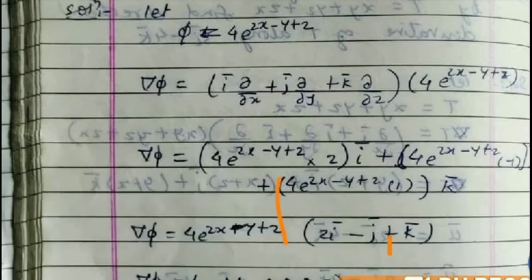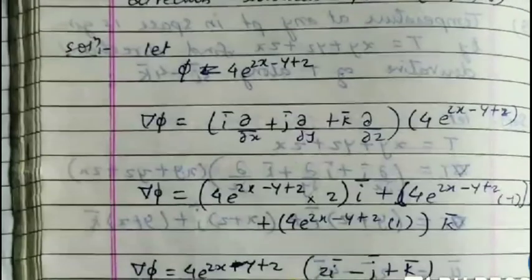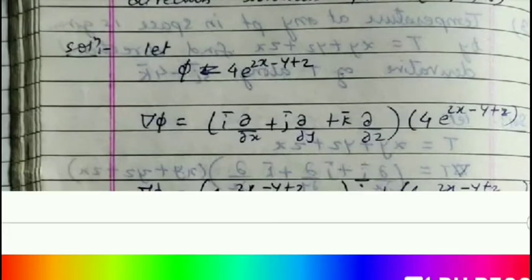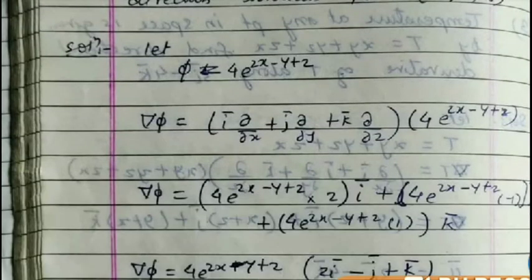So let phi equal 4 e to the power 2x minus y plus z. Calculate del phi. Calculating del phi means differentiating 4 e to the power 2x minus y plus z with respect to x, y, z.